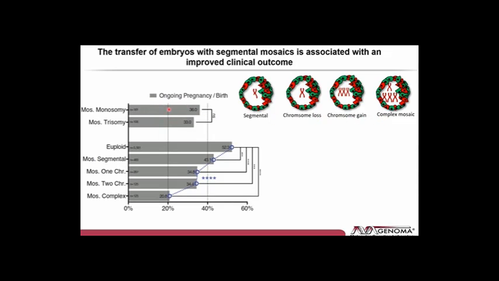As you can see, there was no significant difference between mosaics with monosomy and trisomy. Again, euploid showed the highest level of pregnancy rate, and this percentage decreased, moving from mosaic with segmental to mosaic with one chromosome, two chromosomes, and finally complex mosaic showed the lowest level of pregnancy rate, 20.8%.